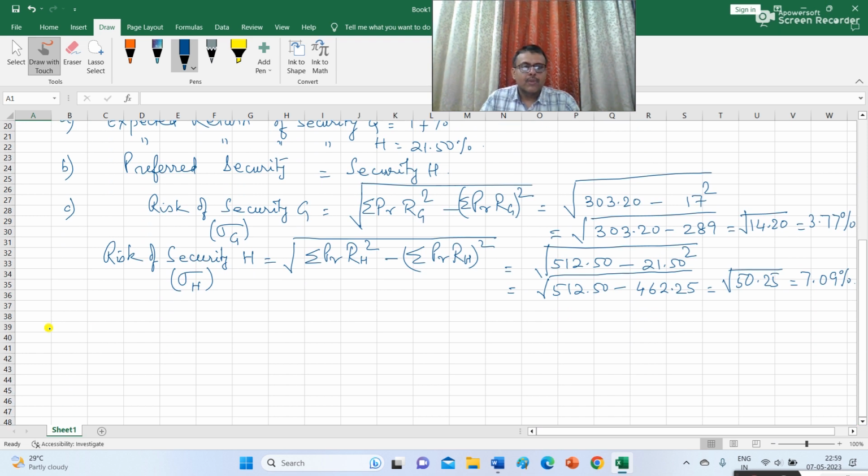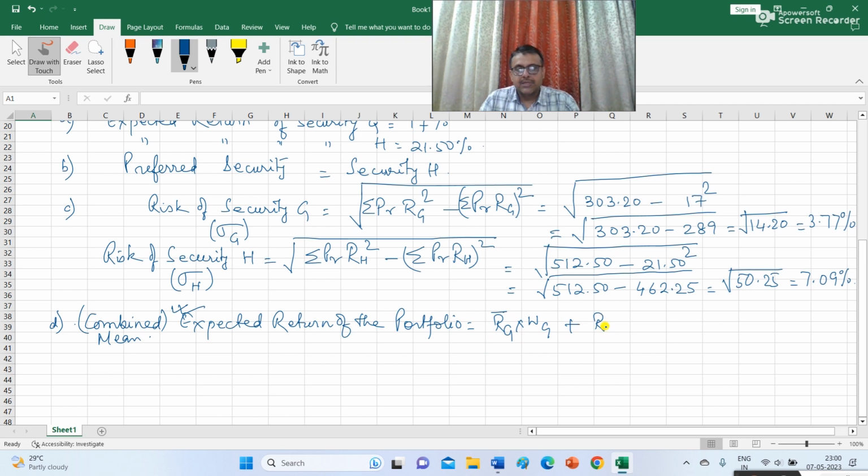Now we have to calculate the expected return of the portfolio where the weight of 0.4, or 40%, is invested in security G and 60% is invested in security H. So the combined expected return, basically the combined mean, is the expected return of G, that is RG bar, multiplied with weight of G, plus expected return of H, that is RH bar, multiplied with weight of H. So this is 17 multiplied with 0.40 plus 21.50 multiplied with 0.6.